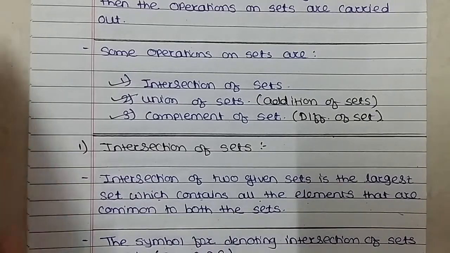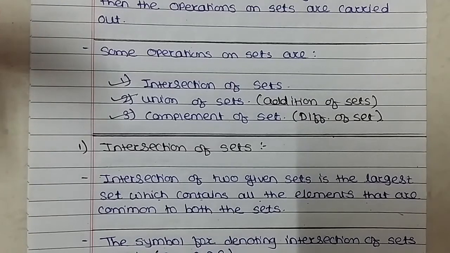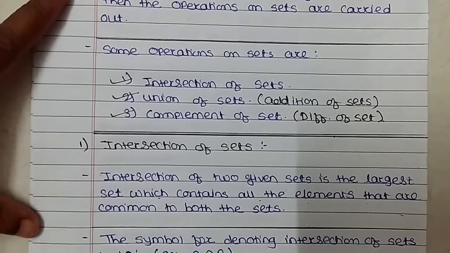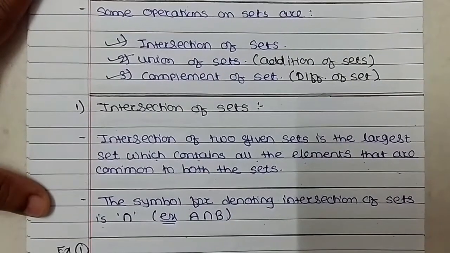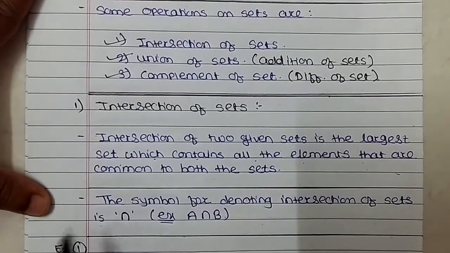Suppose there are two sets; the common elements between these two sets are placed in another set, and this set is called the intersection of the given two sets.